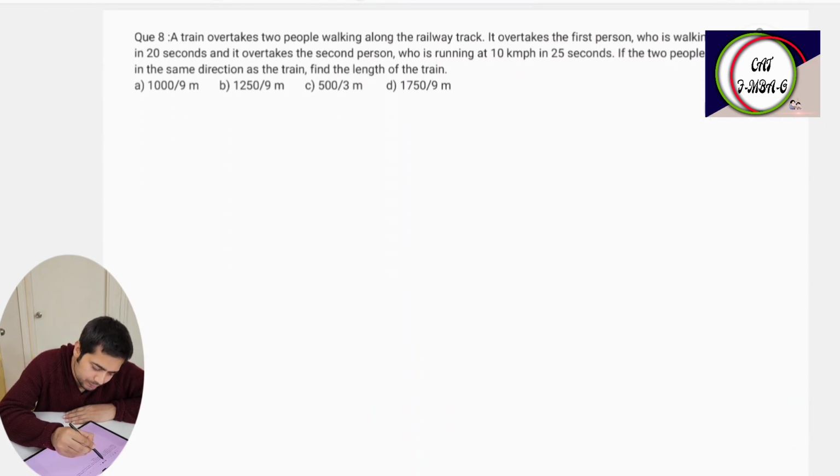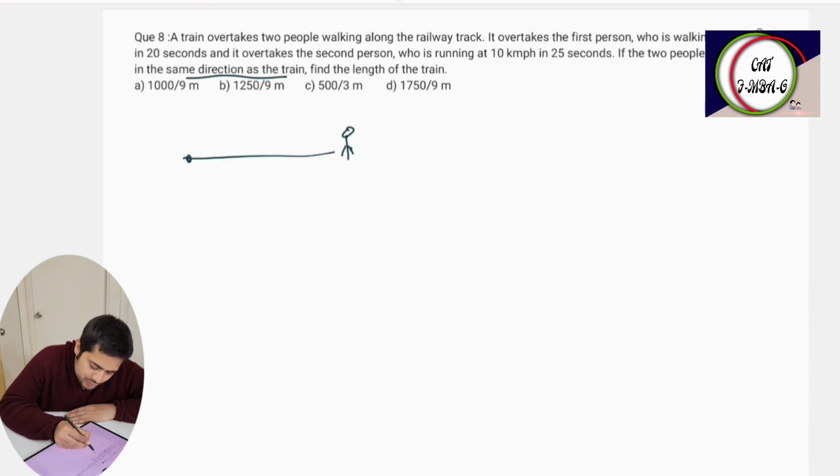A train overtakes two people walking along the railway track. Both people are walking in the same direction as the train.